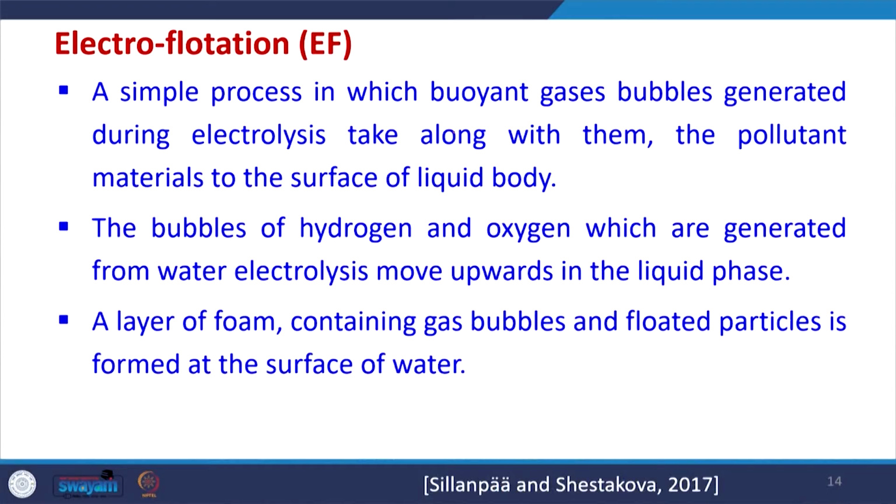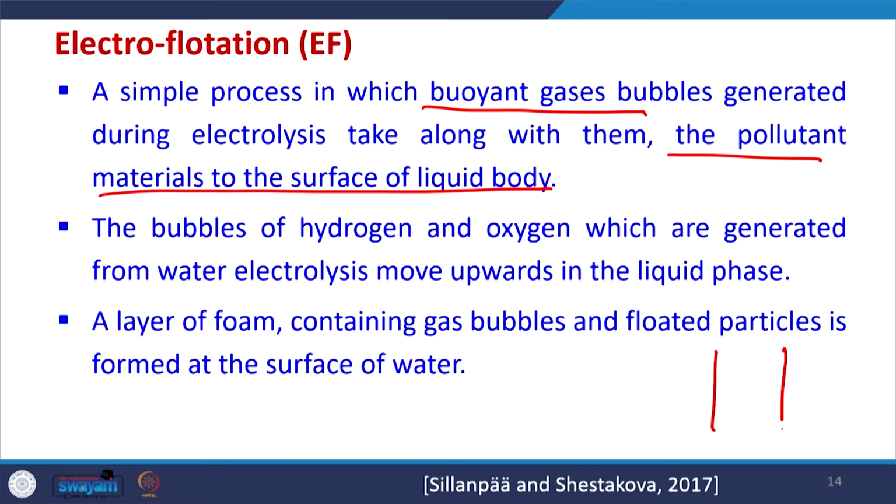It is a simple process in which buoyant gas bubbles generated during the electrolysis take along with them the pollutant material to the surface of the liquid body. We know that at the electrodes these gases are getting generated. So, we have H2, we have O2, we have CO2 which is generated because of mineralization of pollutant. So, these gases will take the pollutant to the top, in particular if it is not settling down very quickly and it is larger in size.